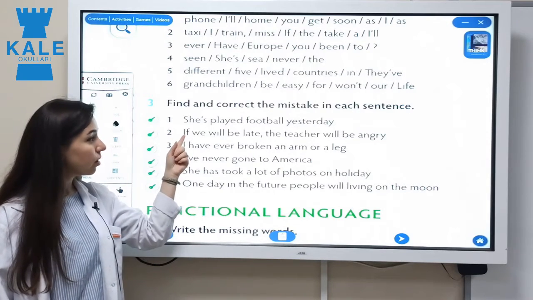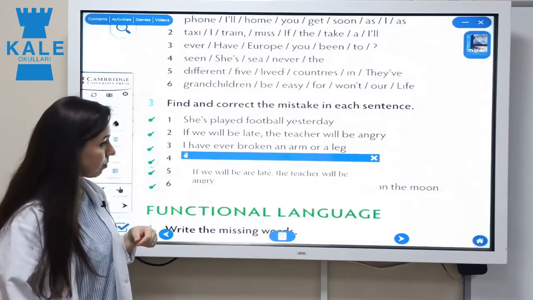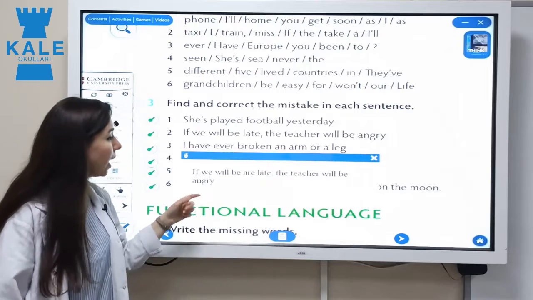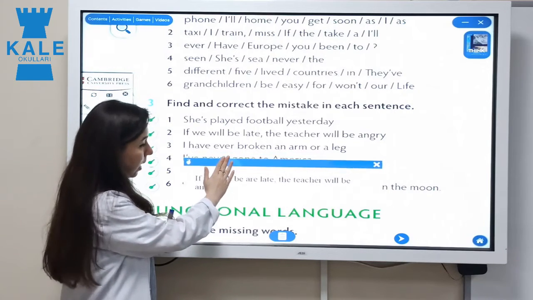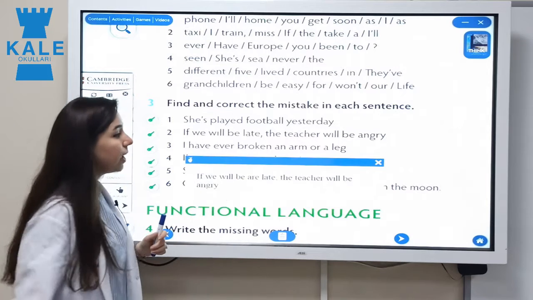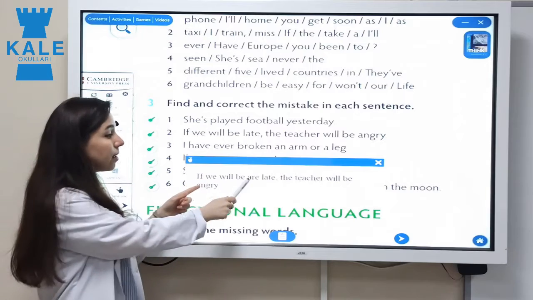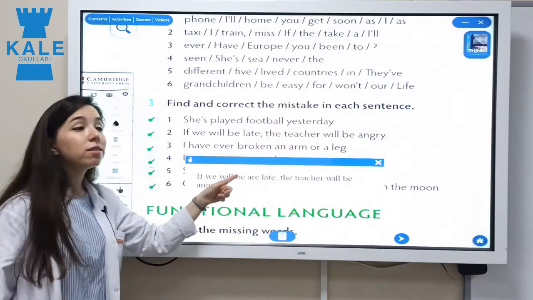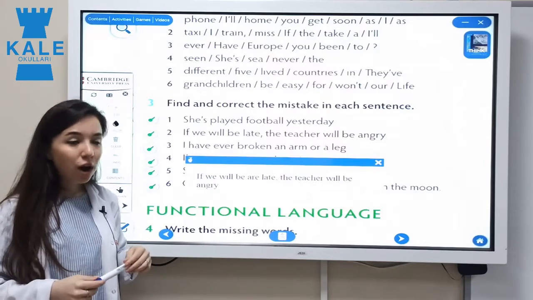So if, look at here, if we are late, the teacher will be angry. If we are late, the teacher will be angry. So here the answer should be, both of them are written here to make you understand which part is wrong, the mistake.